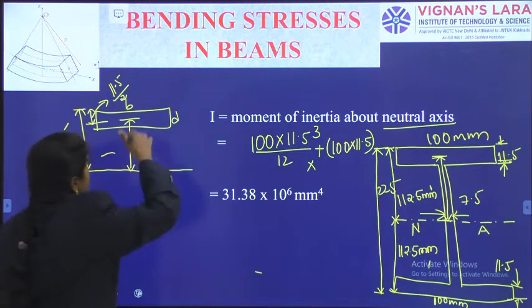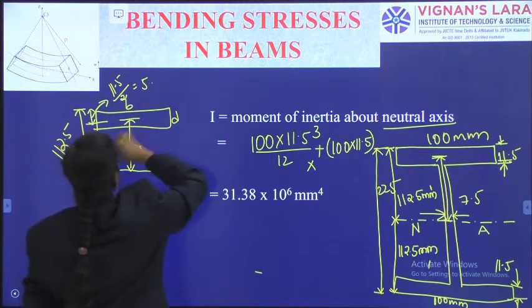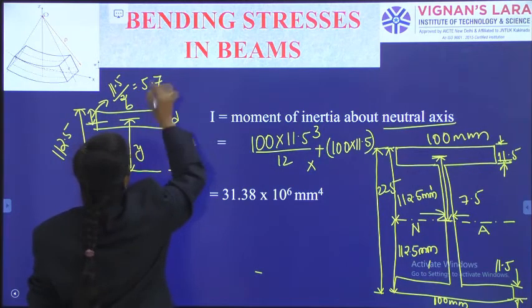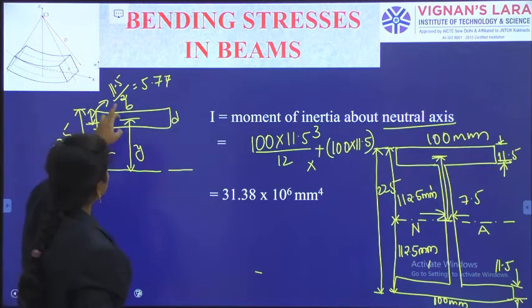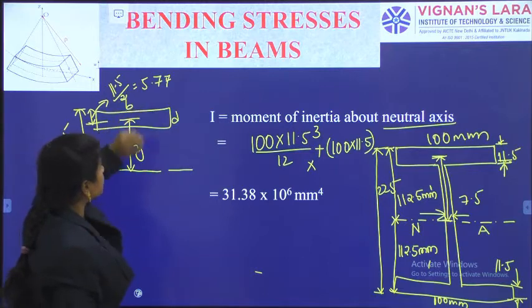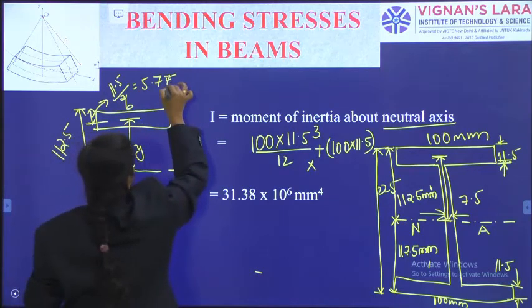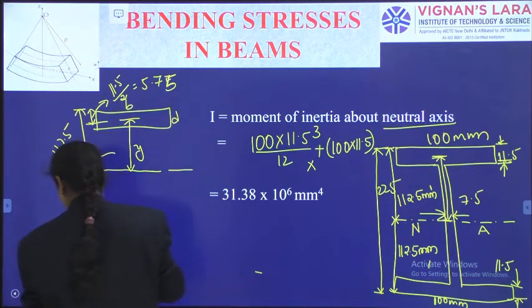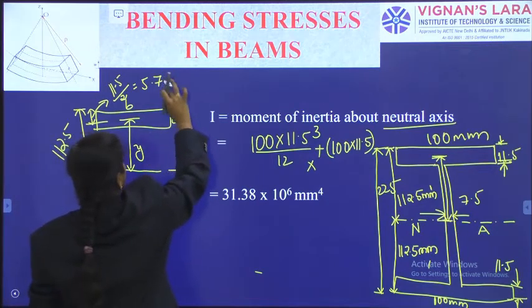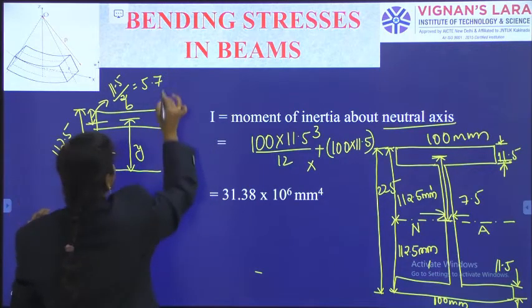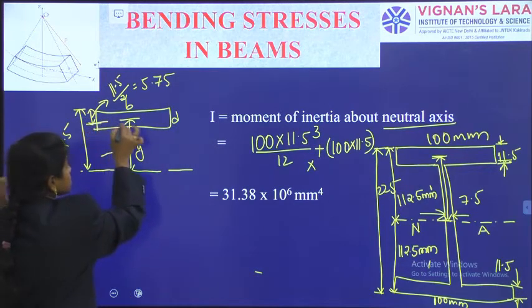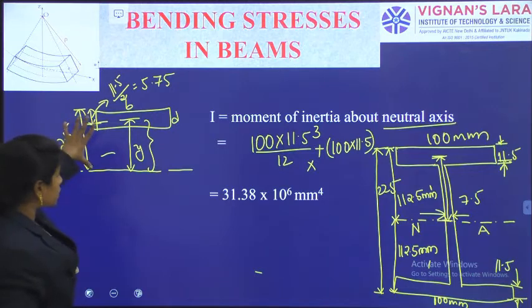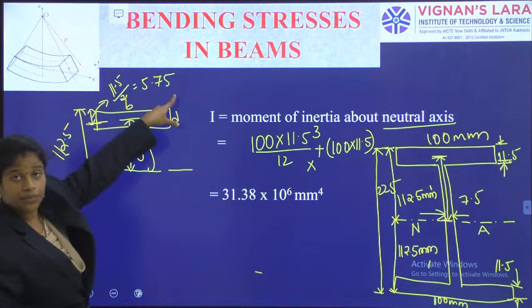So from this I can say 5.75. Now removing this measurement, the total measurement is 112.5 and the leftover measurement is 5.75.